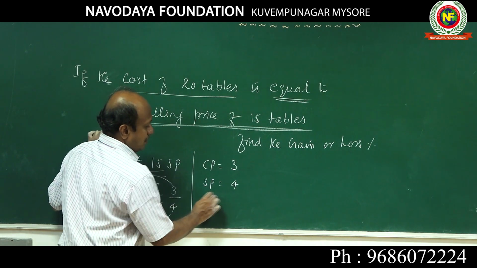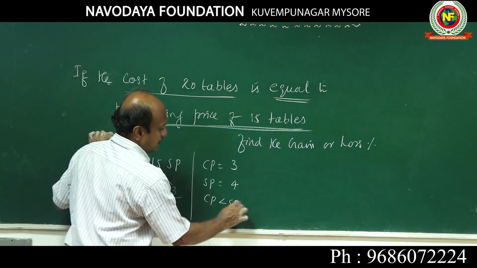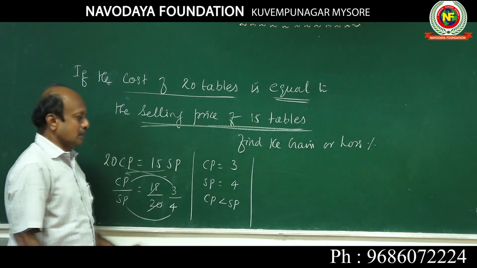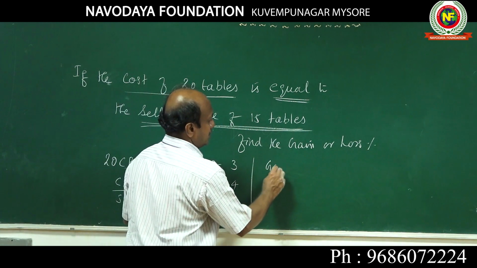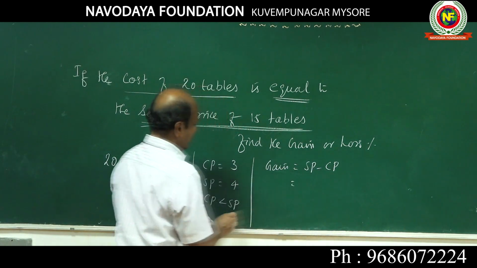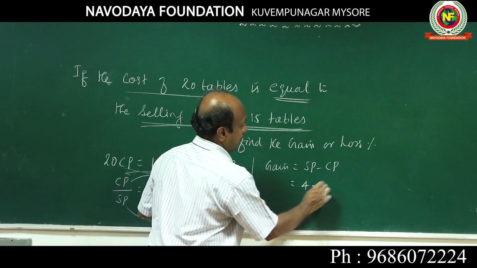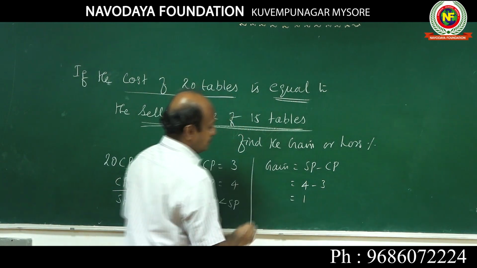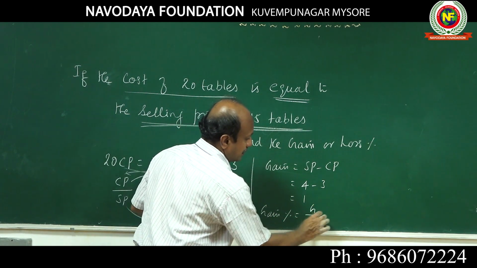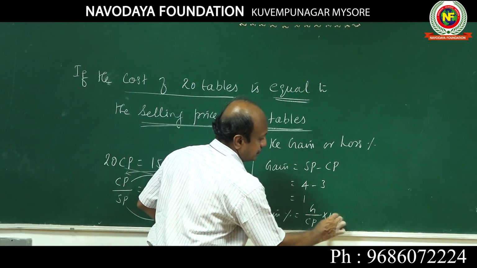Now here cost price is less than selling price. Therefore, will you get gain or loss? The selling price is more than the cost price, so naturally you will be getting gain. Gain is nothing but SP minus CP. What is the SP value? 4 ratio minus 3 ratio, that is 1 ratio. How will you find the gain percentage? Gain percentage is gain by CP into 100.